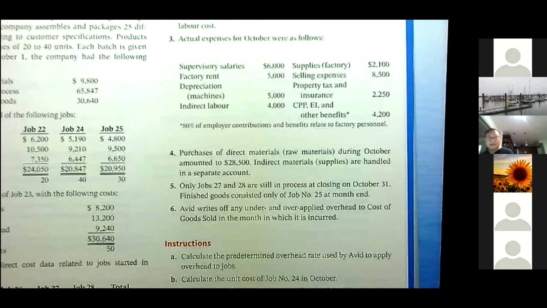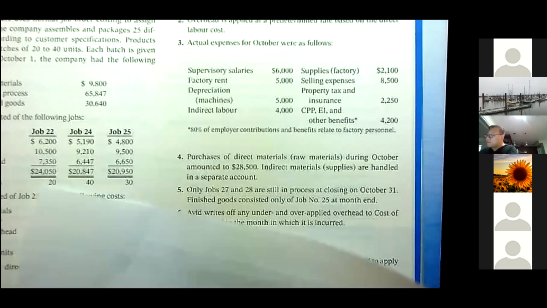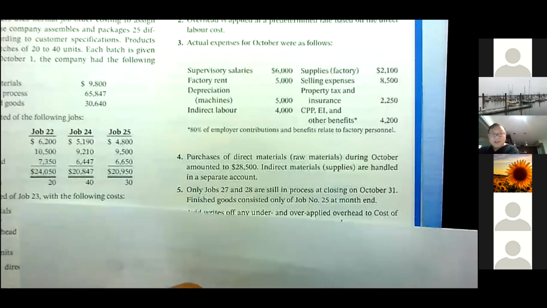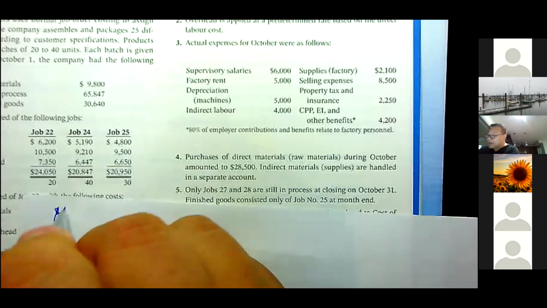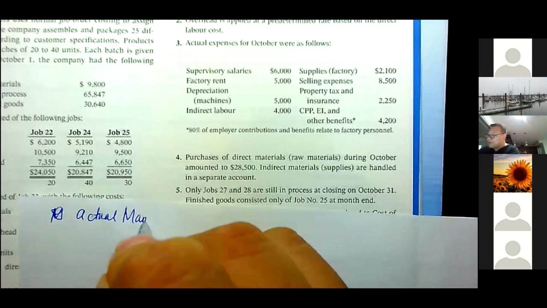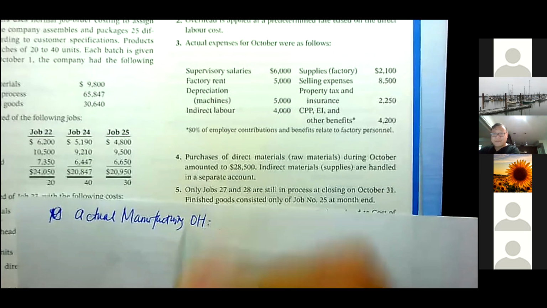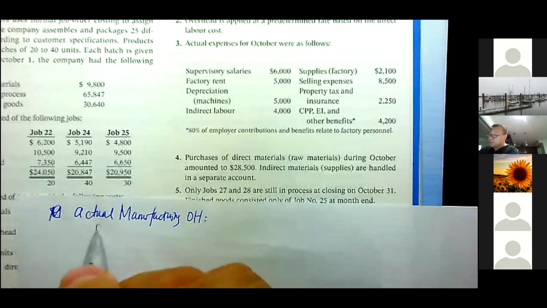This is the actual expenses in October, right?